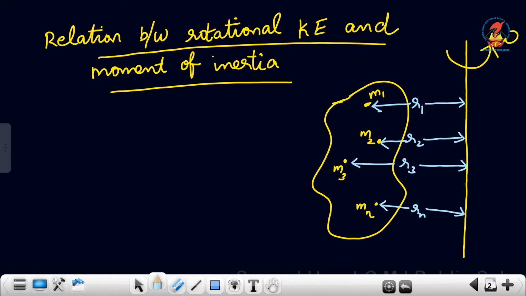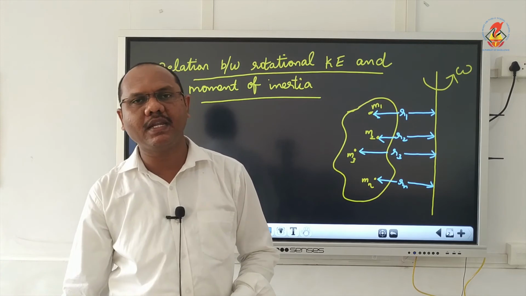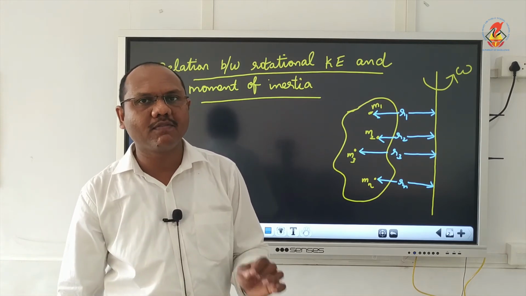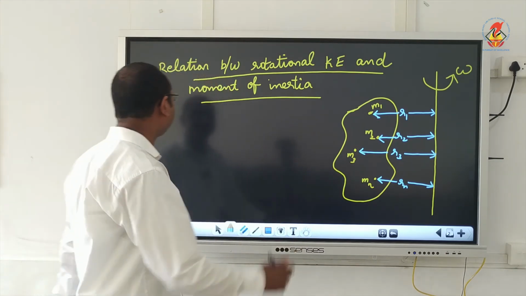Many masses are at different positions, so accordingly the distances also vary. I already told you the rigid body is rotating with uniform angular velocity omega, so omega is constant.